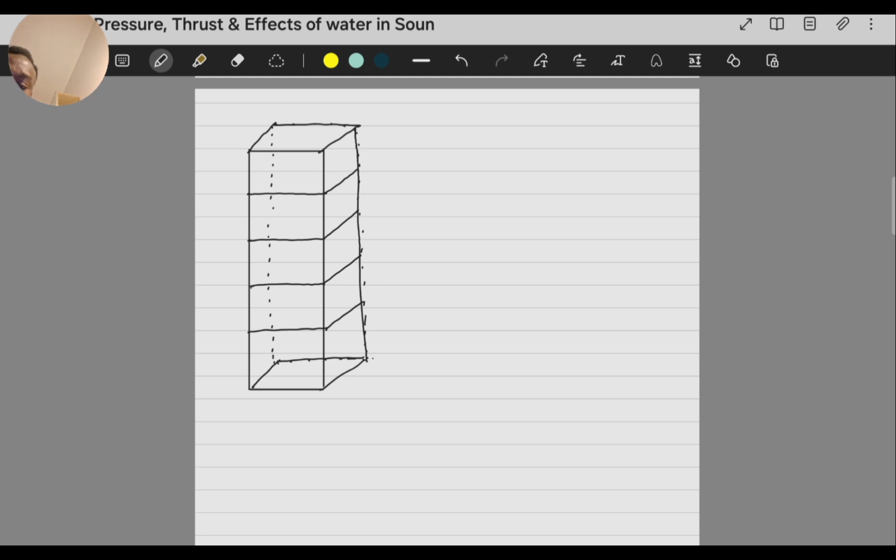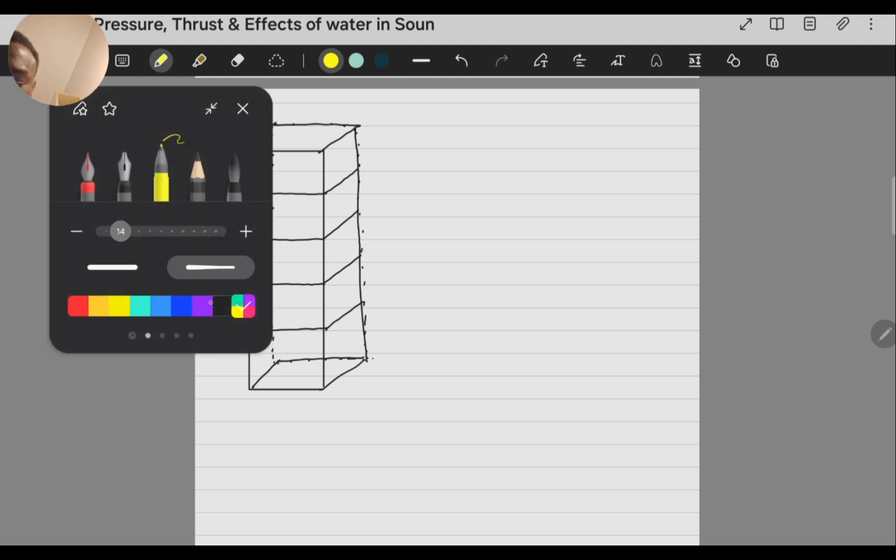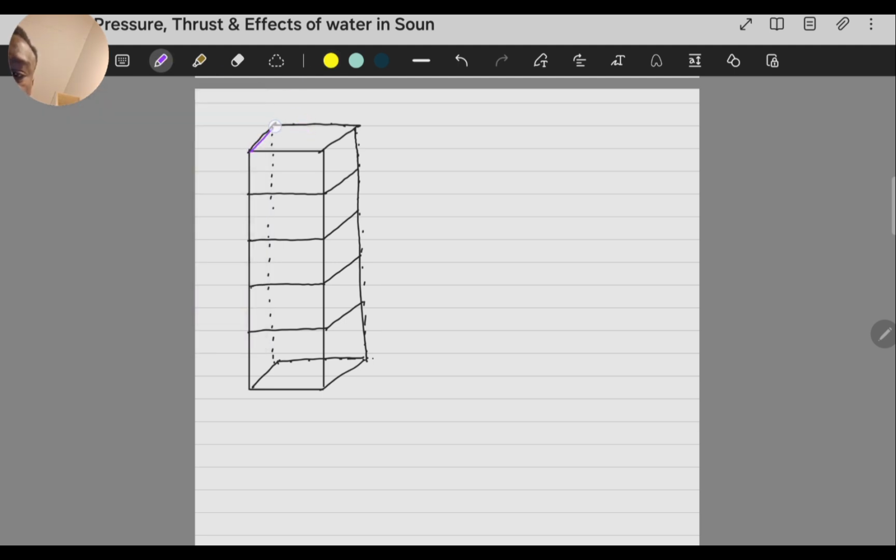Now the square has a cross-sectional area of a square shape, which is 1 meter each side.